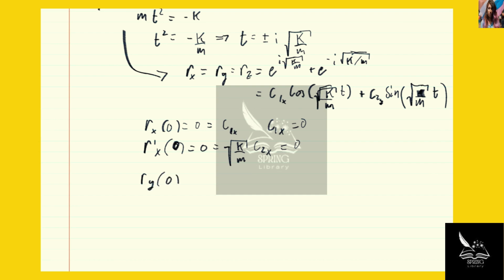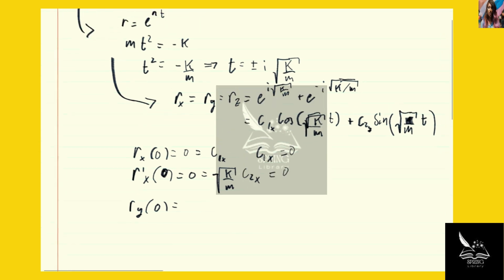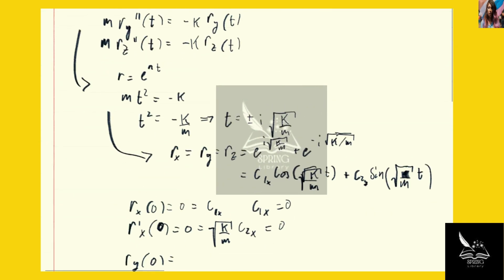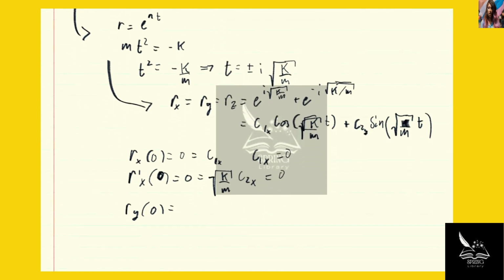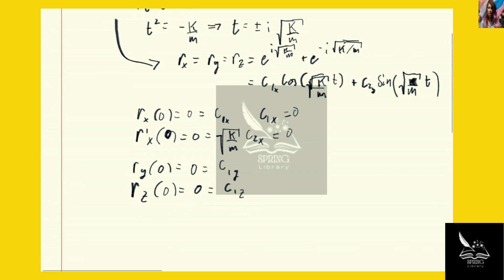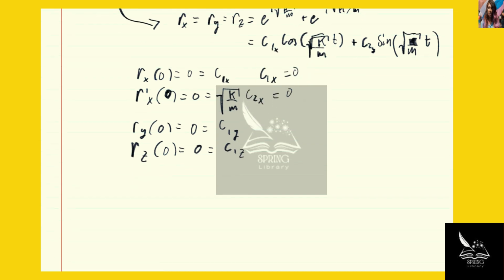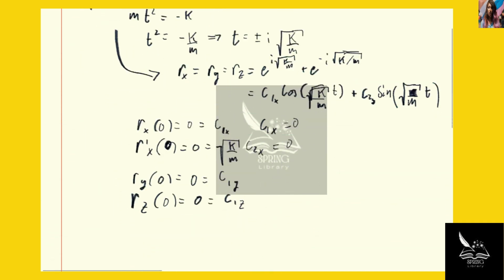Then we want to go through and repeat the process for ry and rz. So I'm going to pause and do that off screen here. By the same logic as previously, c1y and c1z would both equal 0. Then we'll have something different for c2 though.